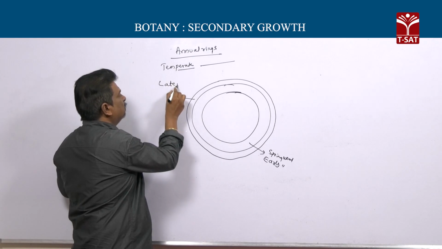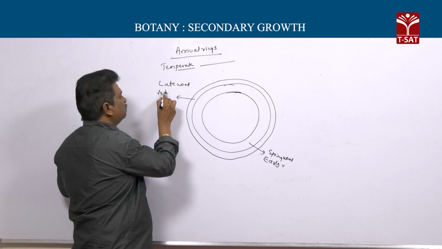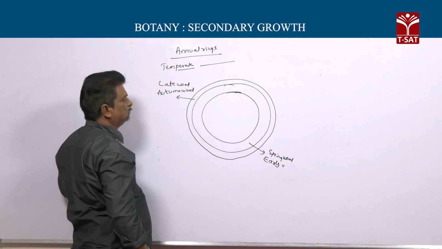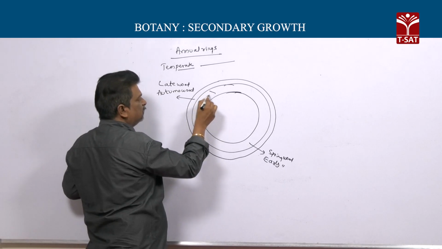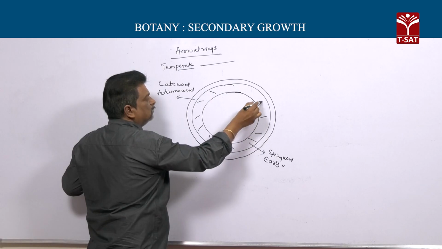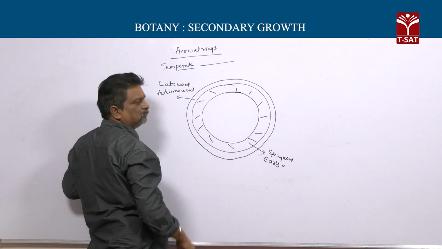Such wood is called late wood, or autumn wood. So for the formation of one spring wood and one autumn wood, it takes 1 year.